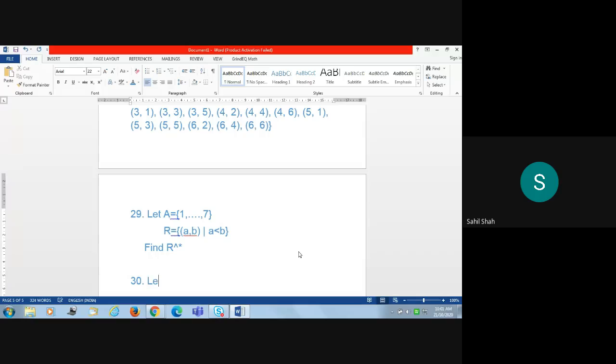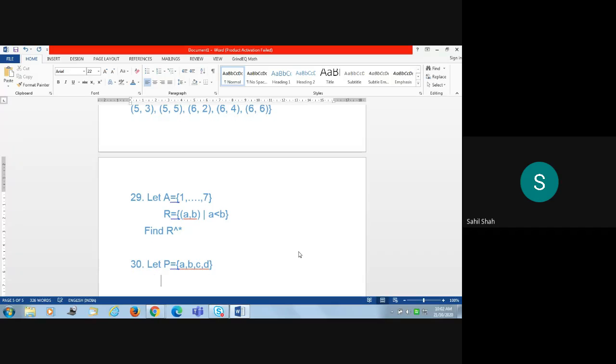And example number 30. Let P equal to {a, b, c, d}. R1 equal to {(a,b), (b,c), (b,c), (d,e)}.